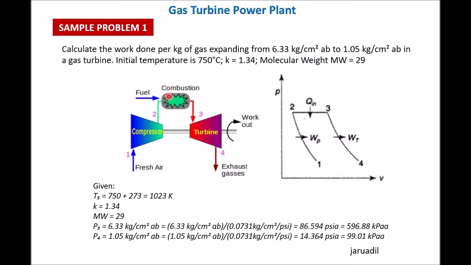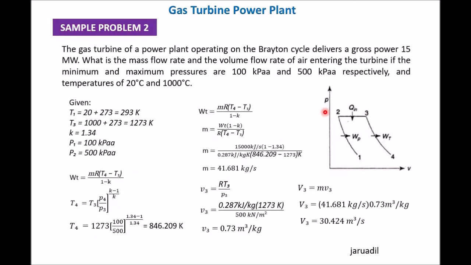So of course, pagkatapos ng combustion, diba, kasi nag-add ka ng heat. So pag nag-add ka ng heat, tataas yung temperature, so nasa point 3. Ito, naka-expand na siya, medyo lalamig na yung temperature niya, so mas malamig ang 4 kaysa sa 3. So ganon yun. So this is your highest temperature here. So that's why we have assigned T3 is equal to 1000 degrees Celsius plus 273, that is 1273 Kelvin.